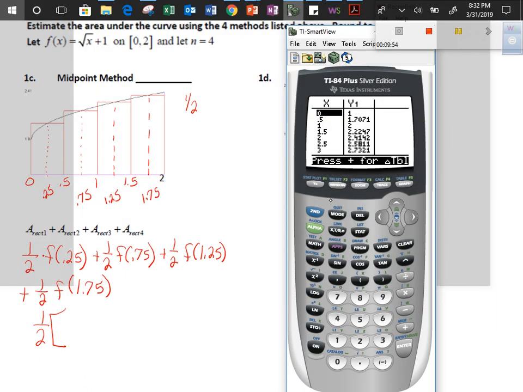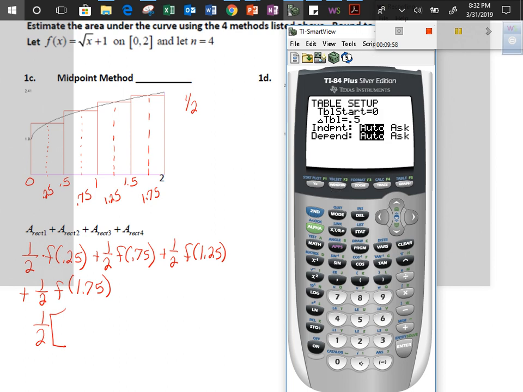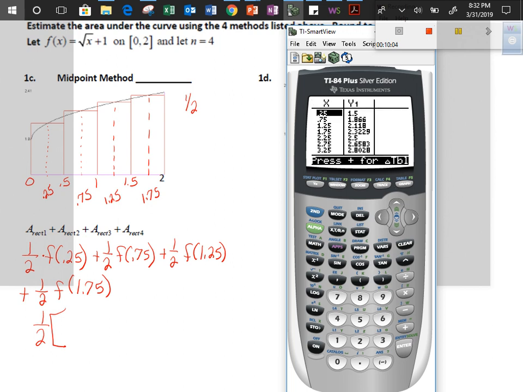Tell it to start at 0.25, and count by 0.5s. Now let's look at your table. I know that f of 0.25 is 1.5. I know that f of 0.75 is 1.87, then 2.12, and 2.32. So to find this area, it's going to look like this.